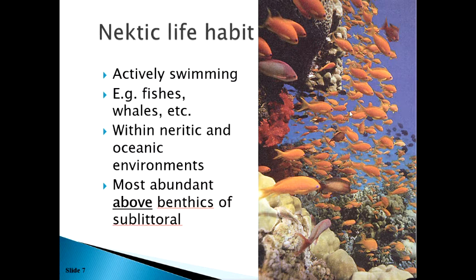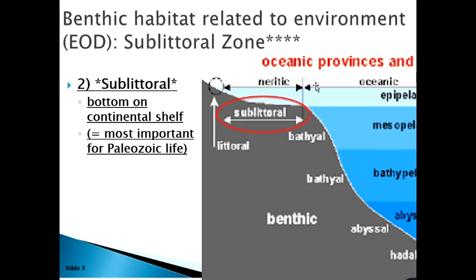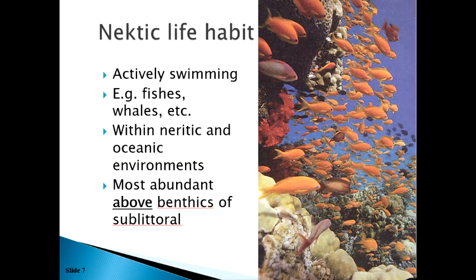All these beautiful fishes swimming around, they are different. They can move from one place to another. They're not right here all the time. They are what we call the nektic. But even these nektic creatures, even though they could inhabit this whole ocean part, they are most abundant right above here. Okay, so most life is still going to occur associated with these continental shelves.